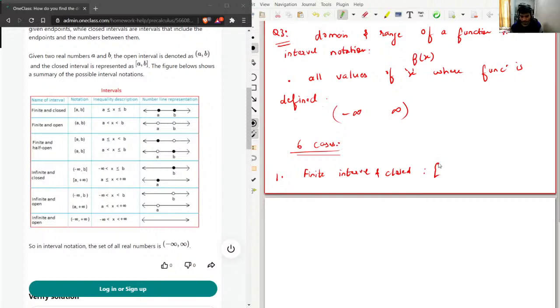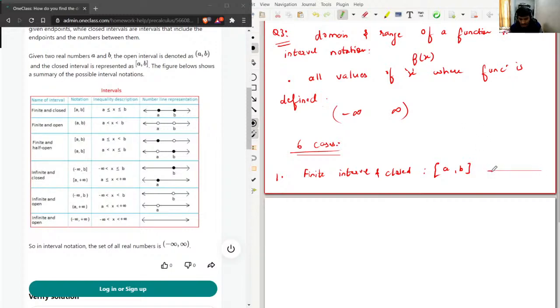For closed interval we write a square bracket, and for open one we'll just write the normal bracket. So for closed one, [a, b]. It says that the range of the function is from a to b, where values of a and b are also included in the range.